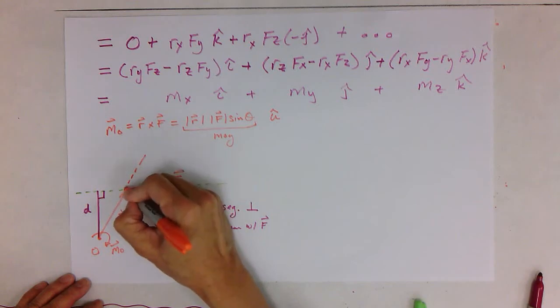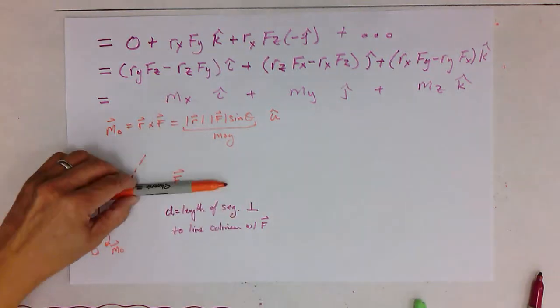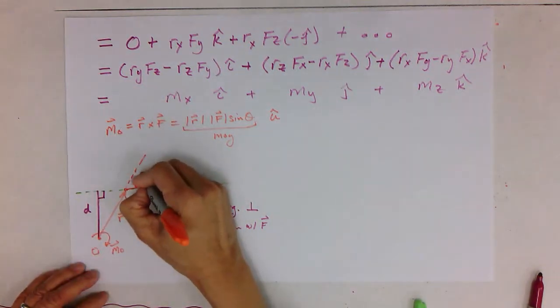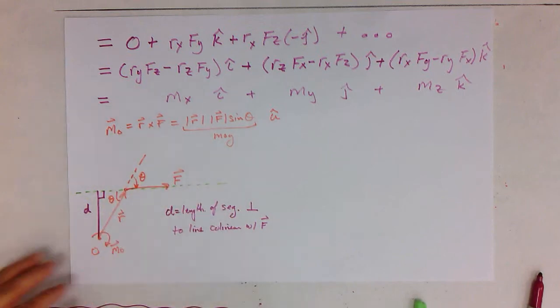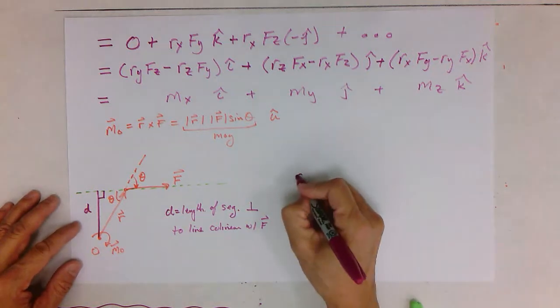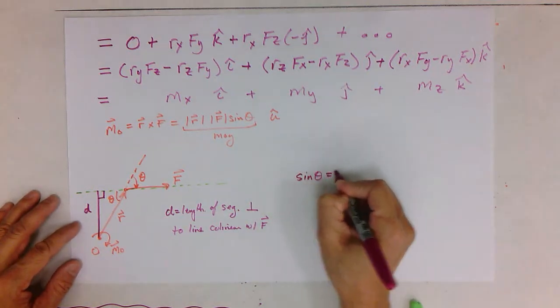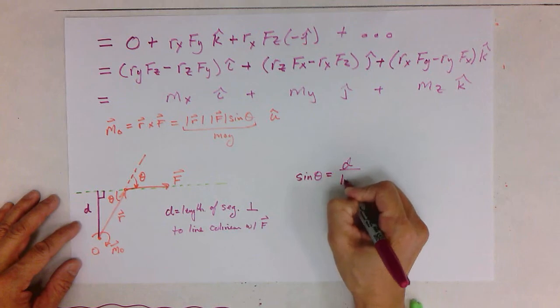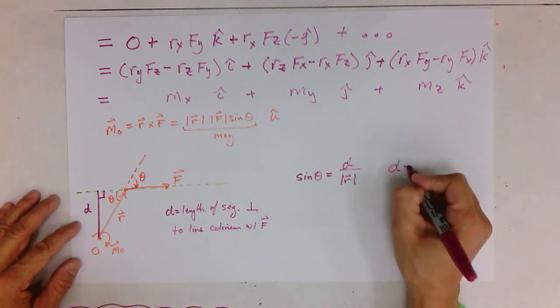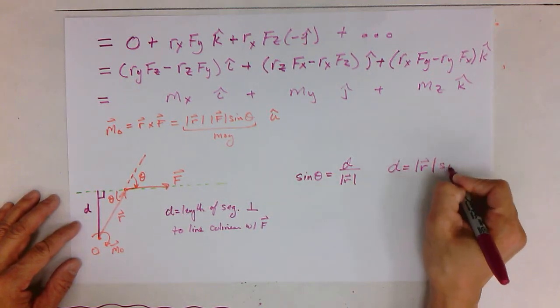We put the tails together, r and F. So this is theta. By geometry we can see this is theta. So we can see that sine of theta equals D over the magnitude of r. So that D is equal to r sine theta.